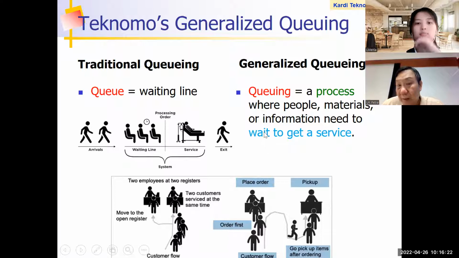But once you generalize this, you can see that queuing is a process where people, material, or information need to wait to get the service.